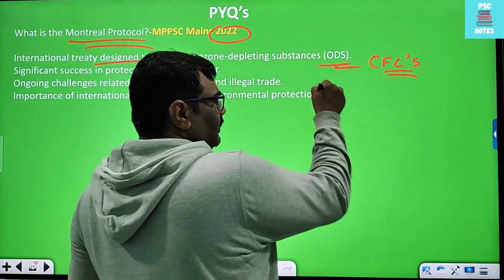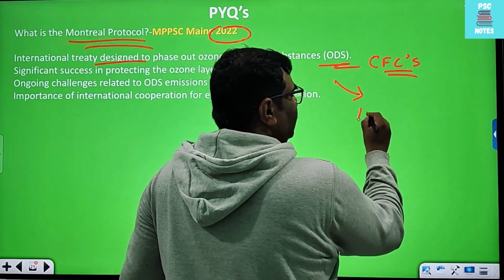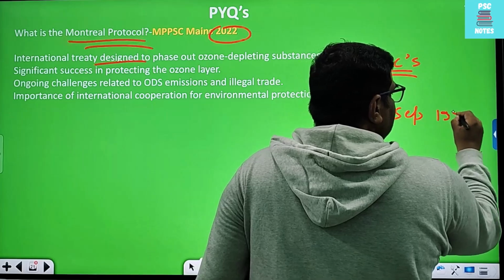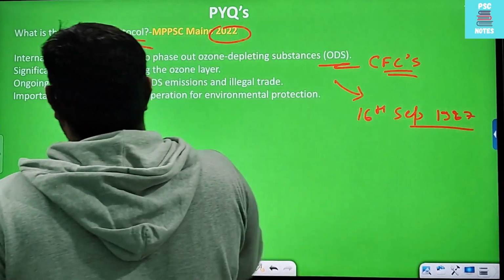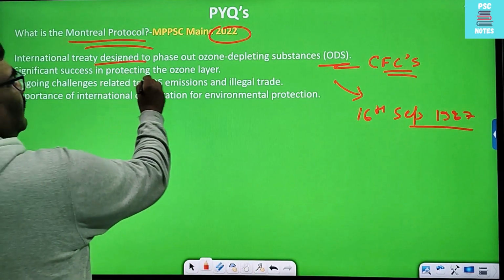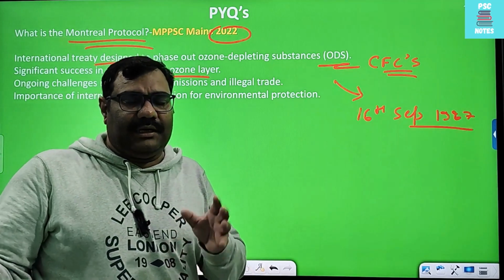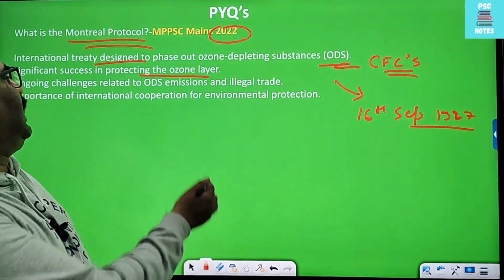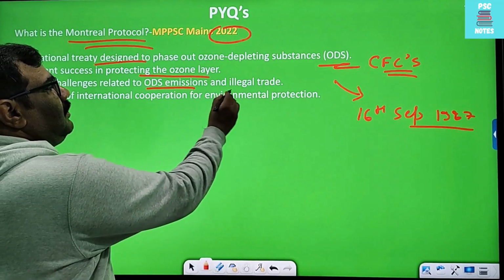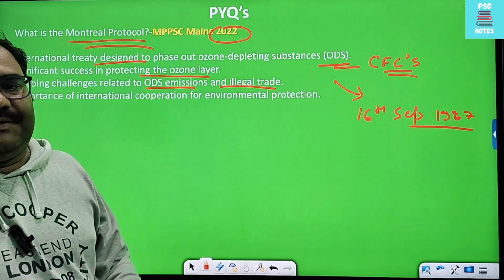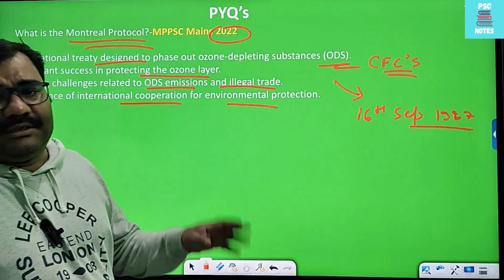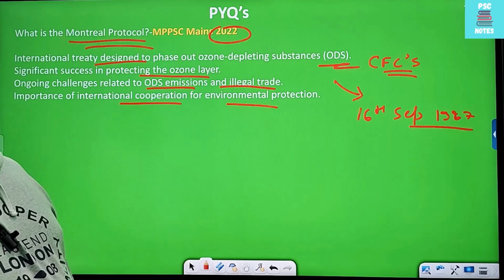It was on 16th September 1987. Okay. And significance and success. So we can see a reversal in the ozone layer, and further how emissions and illegal trade have affected it, the importance of international cooperation, and further amendments to the Montreal Protocol.